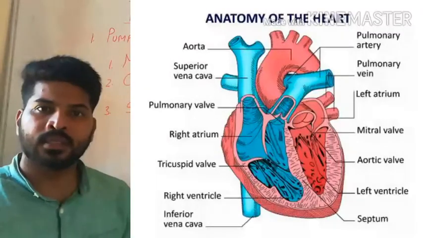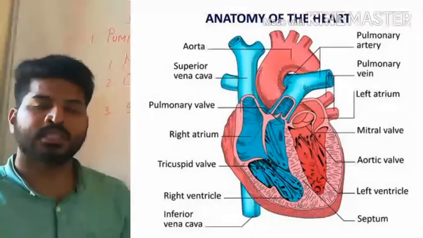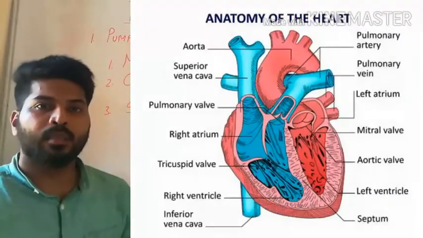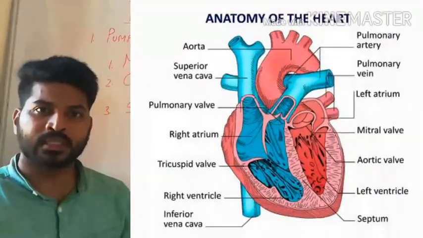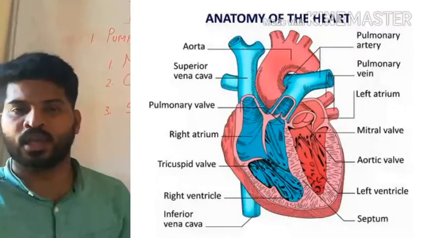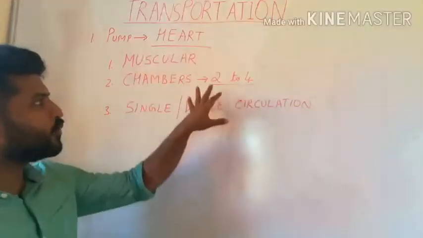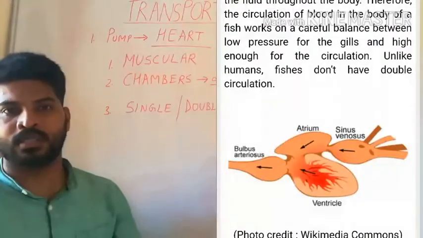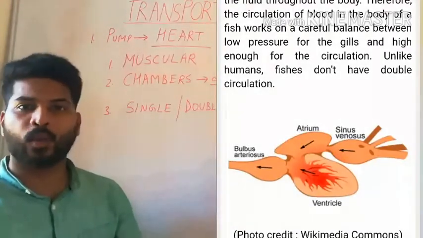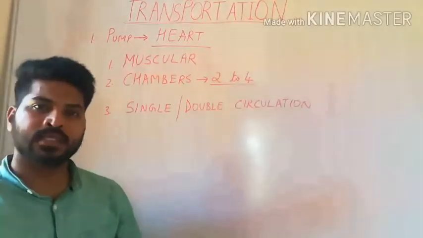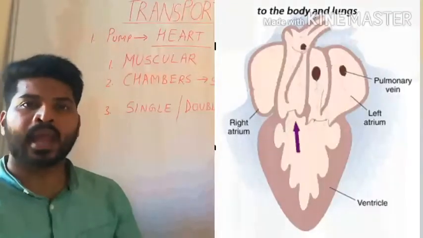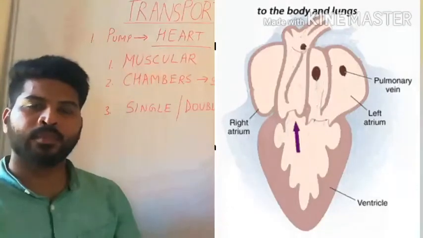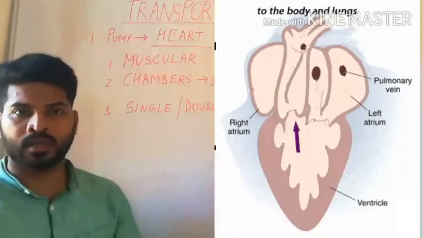If you consider the vertebrates, fishes, amphibians, reptiles, birds and mammals, the number of chambers varies in all these categories. For instance, in fishes, the heart can be divided into two chambers, one atrium and one ventricle, whereas in amphibians and reptiles, there are three chambers, two atria and one lower ventricle.